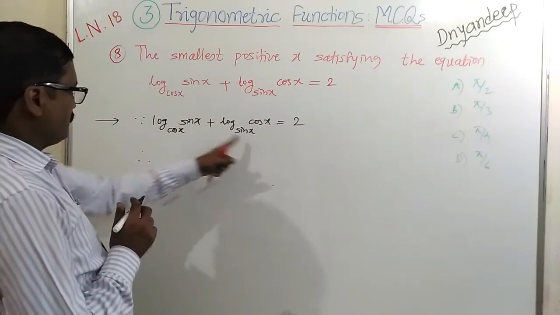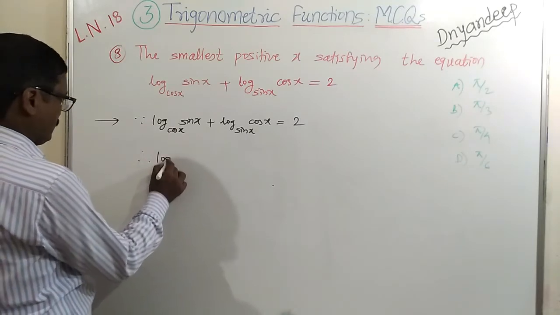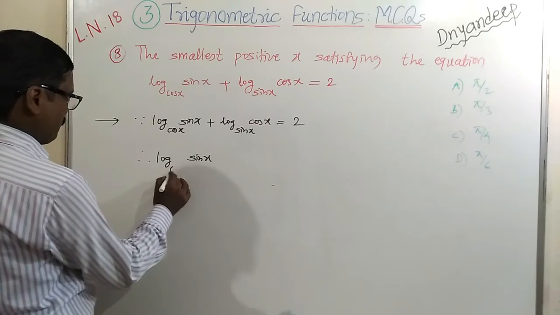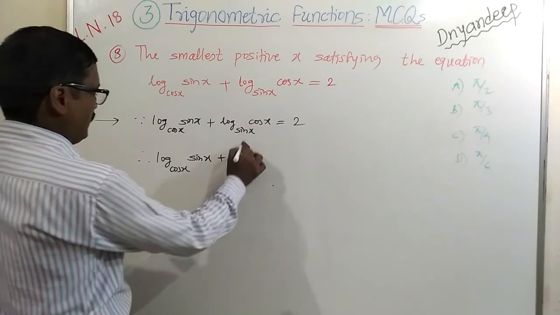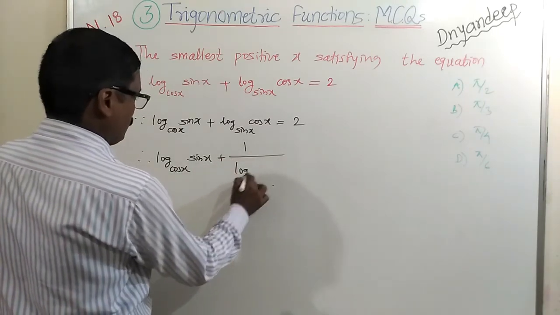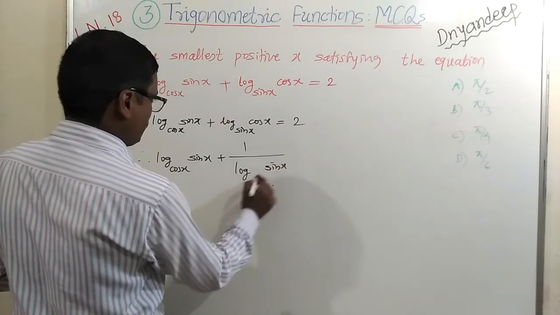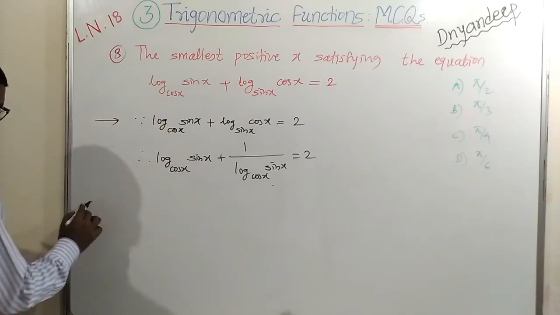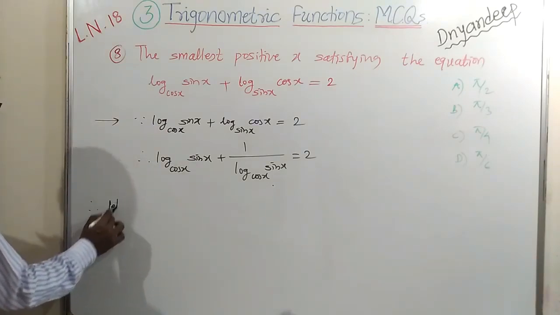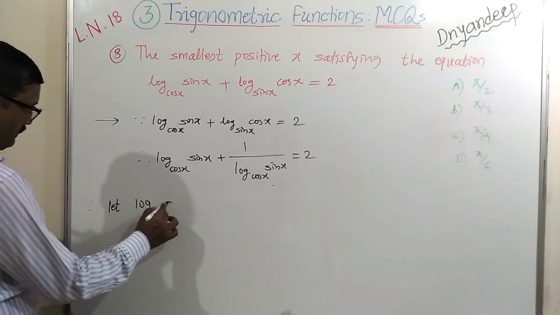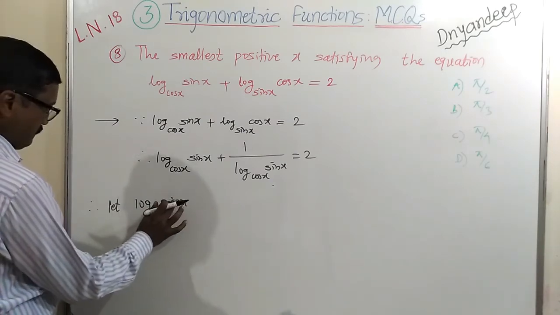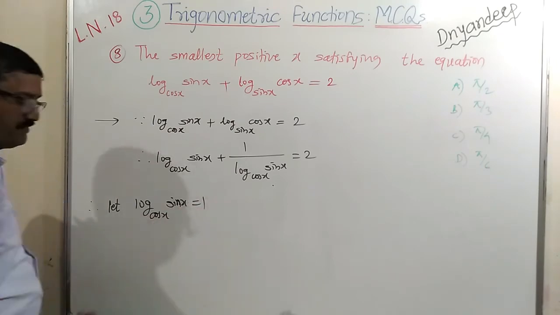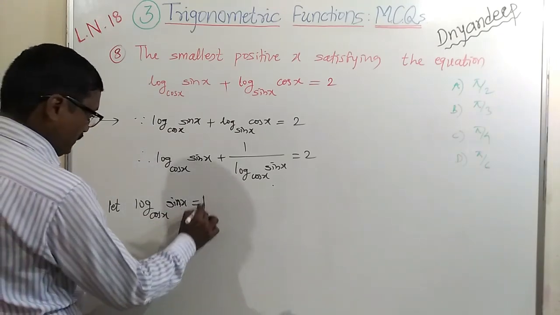We can write the second term in terms of the first one, because by change of base we get this as 1 upon log of sin x to the base cos x, equal to 2. For simplicity, let log of sin x to the base cos x equal t.